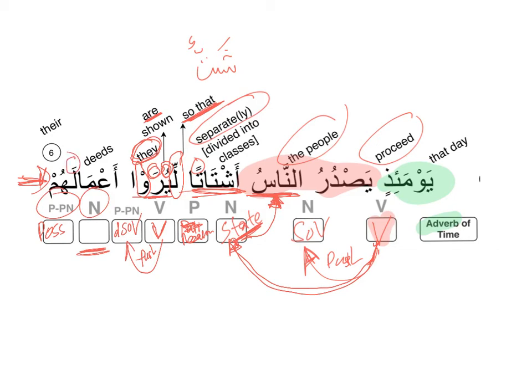Fatha, right? Most of the time when you have a fatha, it is object of verb. If you read they are shown their deeds, which means the deeds are shown, therefore it's object of verb.